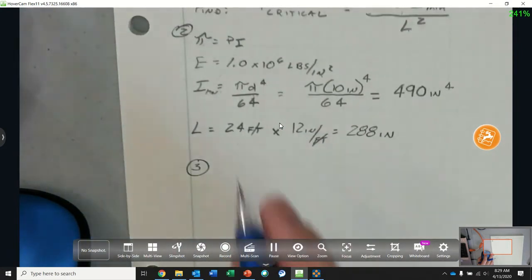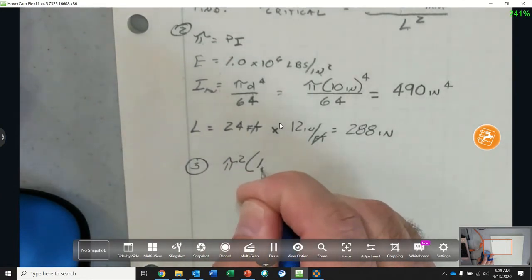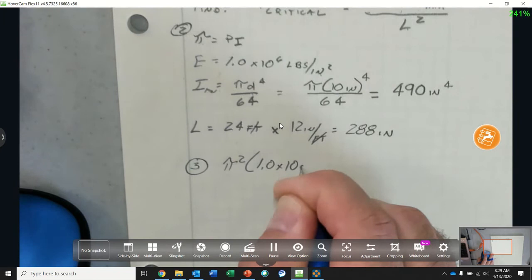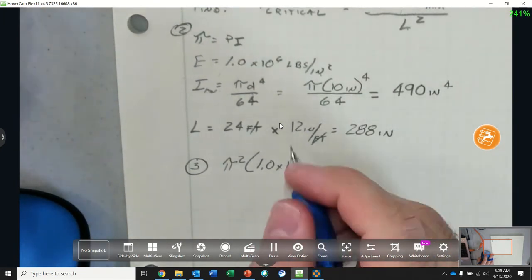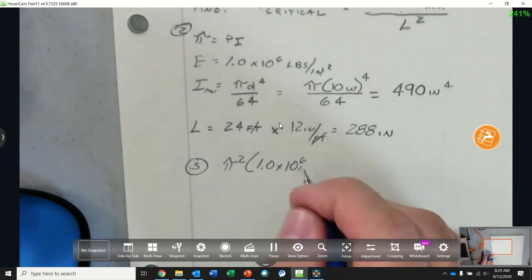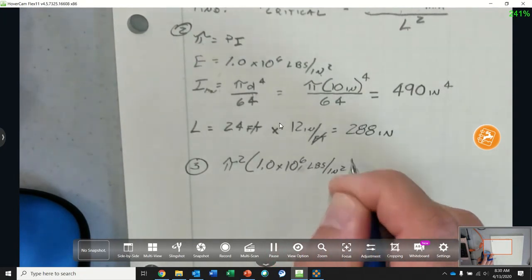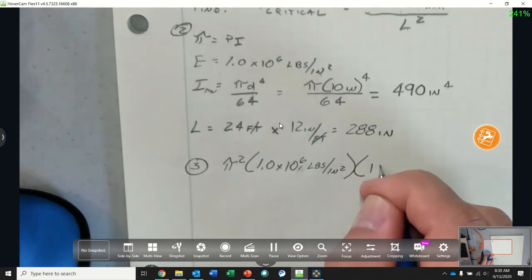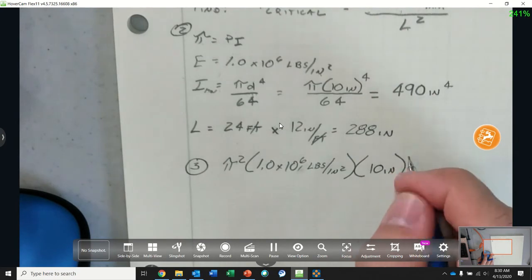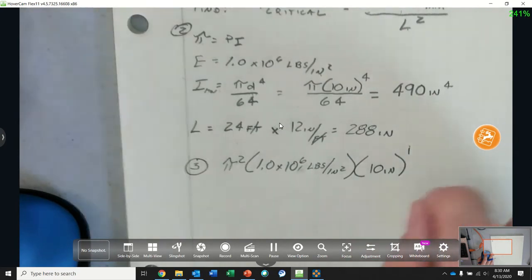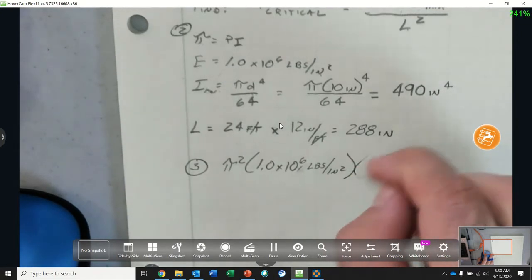All right, so pi squared times 1.0 times 10 to the 6 pounds per inches squared, the 6 is an exponent, not a subscript. Times, oops, not 10 inches, I'm thinking about the other formula.